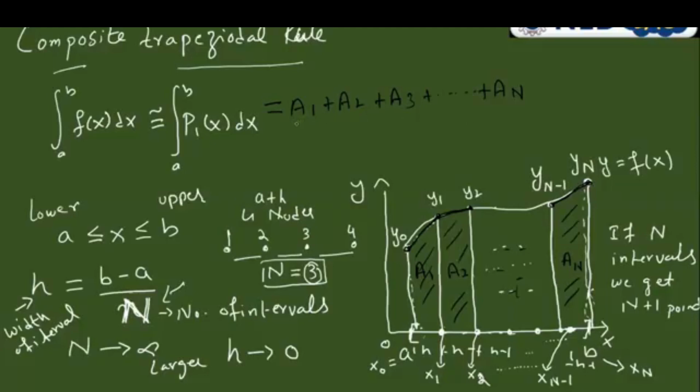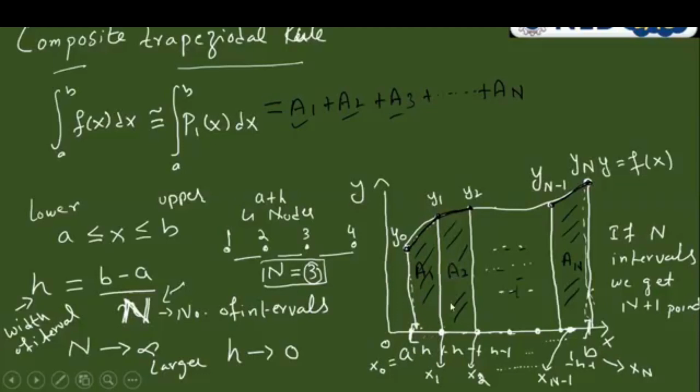Now the question is, how do we compute a1, a2, a3? We have to compute them by applying the trapezoidal rule. If we focus only on this interval, all of the parallel lines are separated by the amount h. Here the parallel sides have lengths y0 and y1, and they are separated by a distance h.